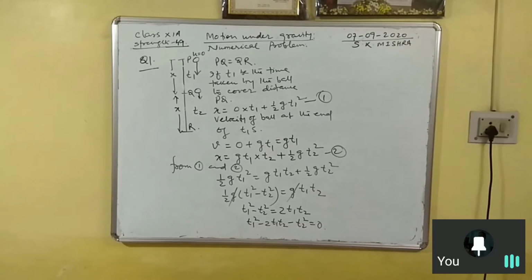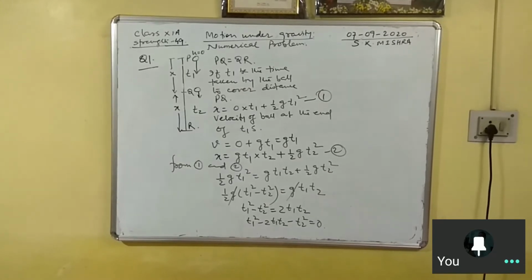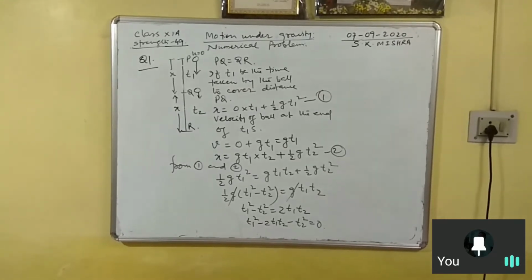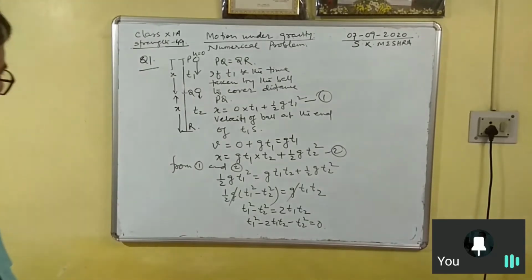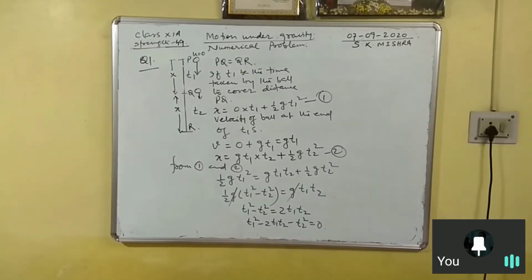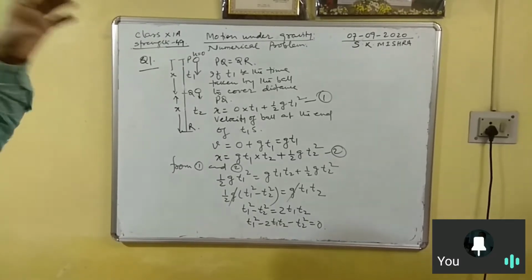How will you find T1 by T2, that ratio? You can solve it some other way also. I think this process becomes a little bit complicated, because this is ut plus half g T2 square.